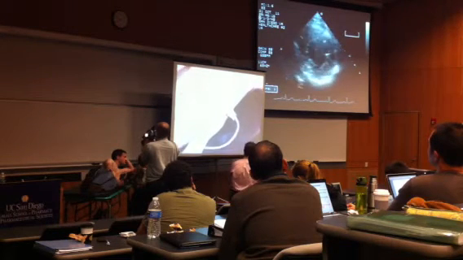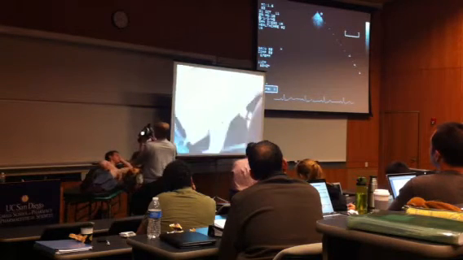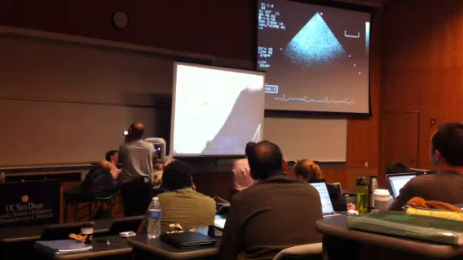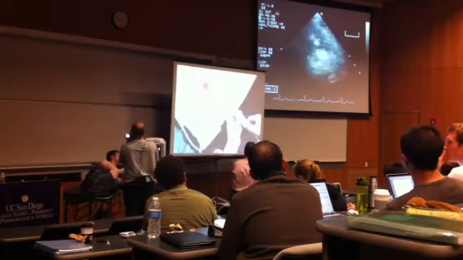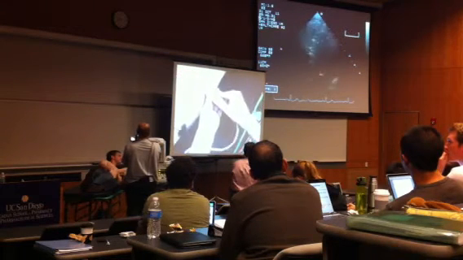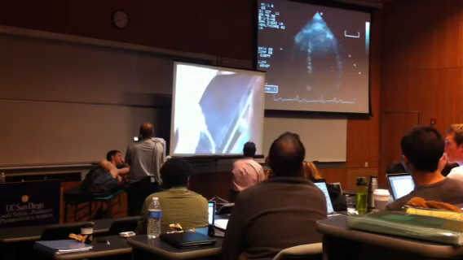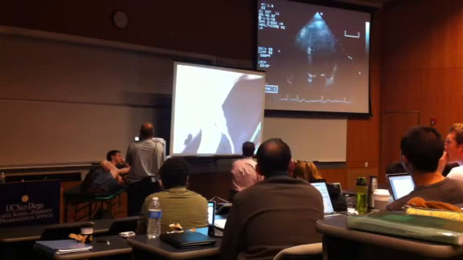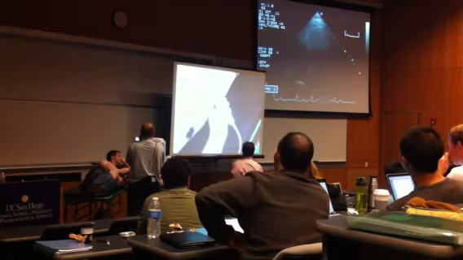Okay, why don't we go to a four-chamber view? So we're going to go down towards that point of maximal impulse again. It's the apex of the heart. Let's see if we can get a TR here. As I mentioned, we can use some of the calculations to measure pressures in the heart.